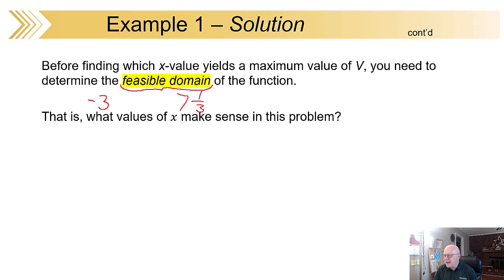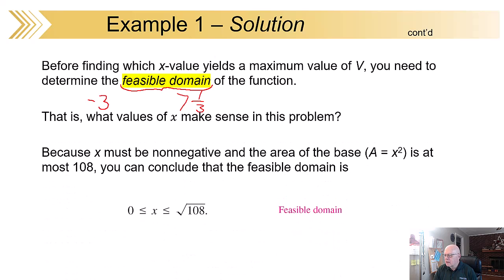So in this case, remember we've got the box, and we're going to use 108 square inches to make the box that holds the most stuff that we can. Well, x has to be non-negative. A negative volume doesn't make any sense, a negative area doesn't make any sense, and a negative bottom of the box doesn't make any sense either.